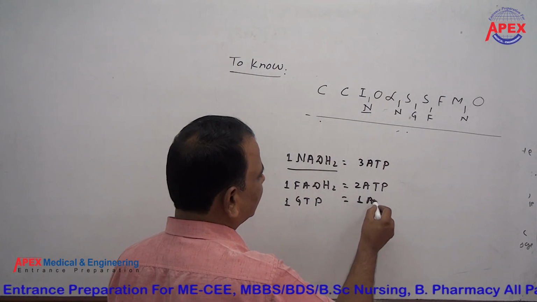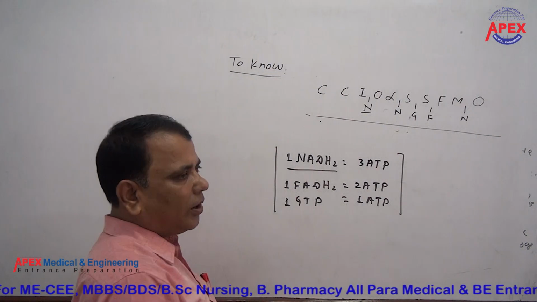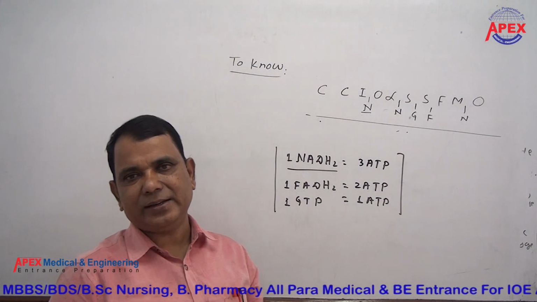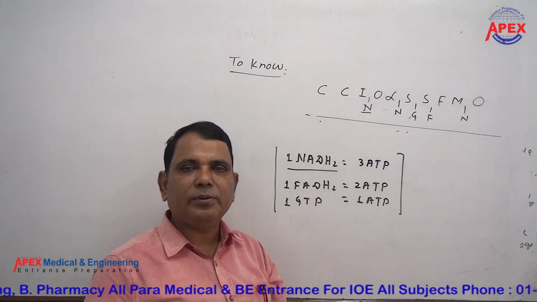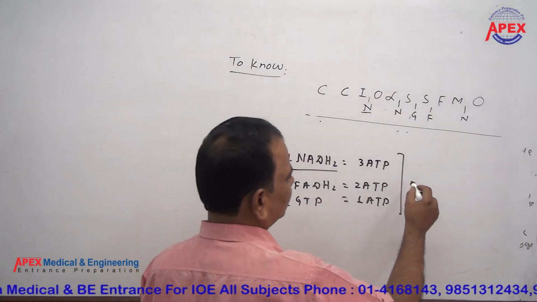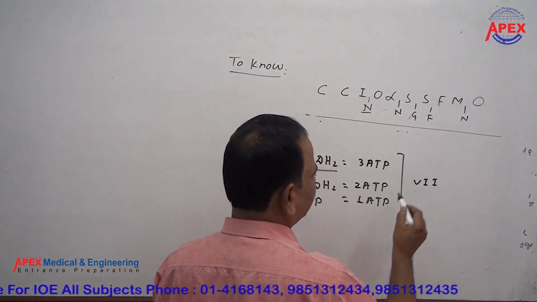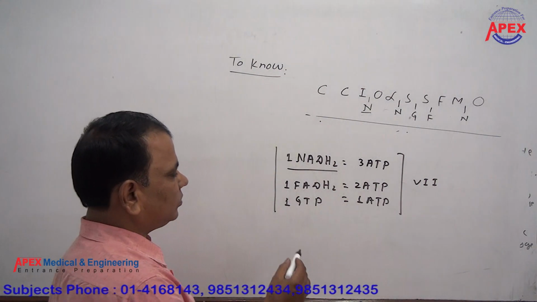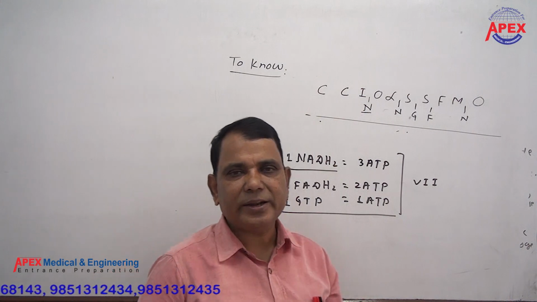GTP equal to what? To 1 ATP. To remember, how I cannot say today, right, because it is in electron transport system. कसरी 3 वटा बन्यो, कसरी 2 वटा, but to remember we have to know, right? So I to know this very important, right, to know this, and then I am going to start the Krebs cycle.